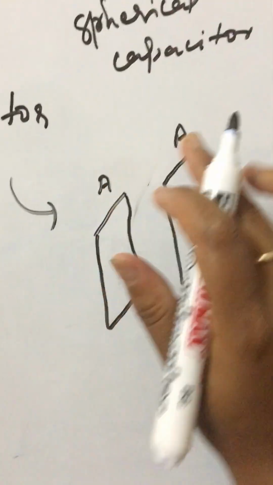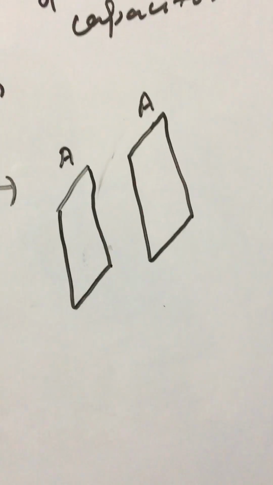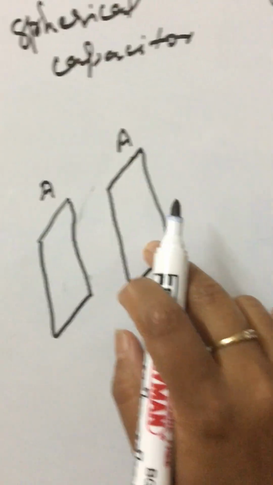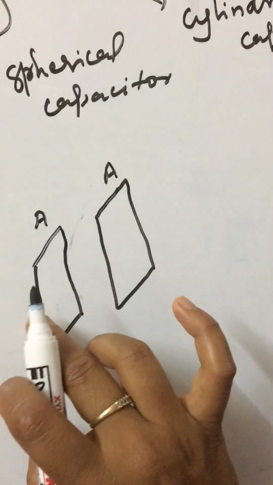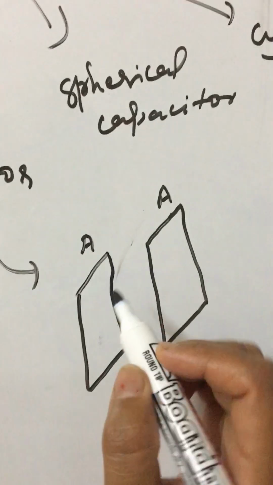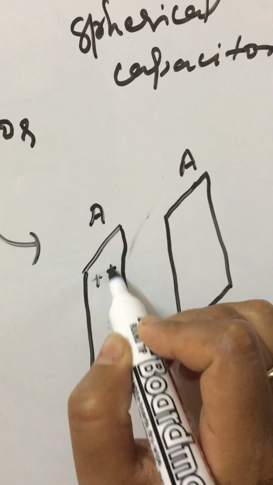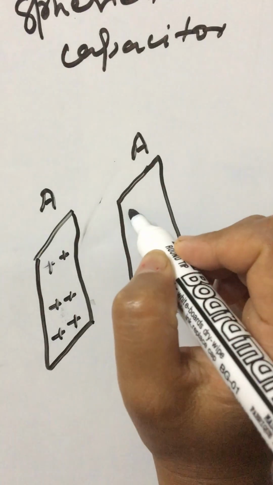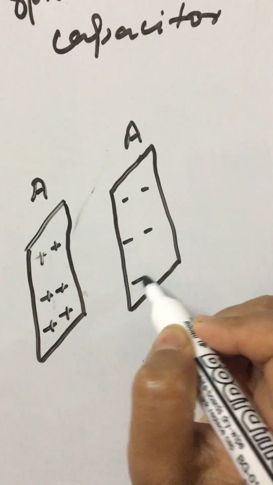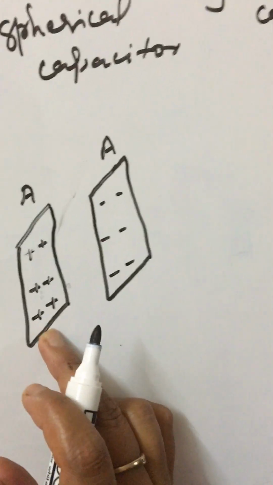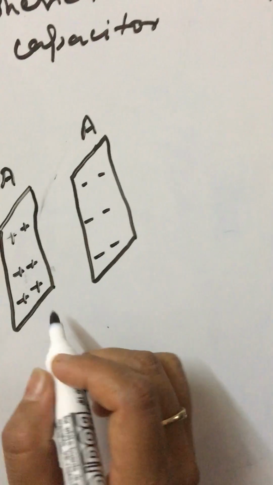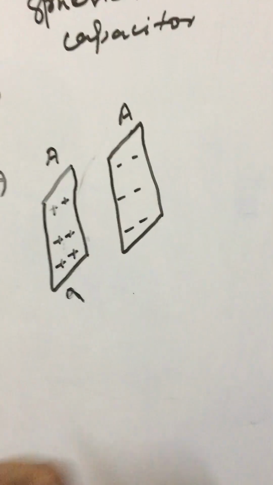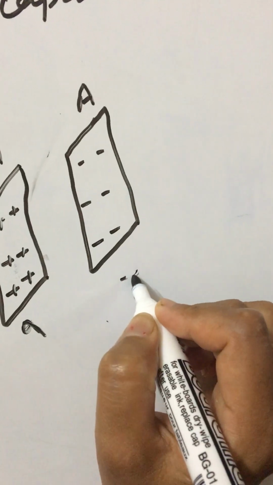The charge on both the plates will be the same but opposite in sign. Suppose this is positively charged, then this will be negatively charged. If this positive plate has a charge density of sigma because it's a surface, then the other should have minus sigma.